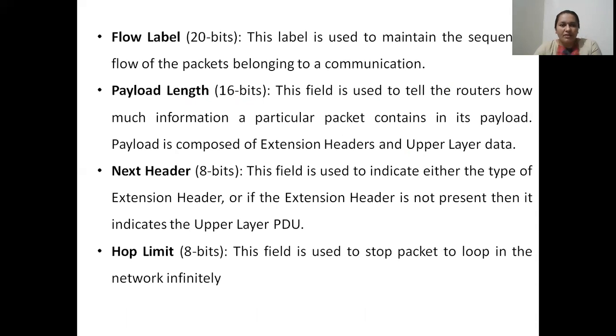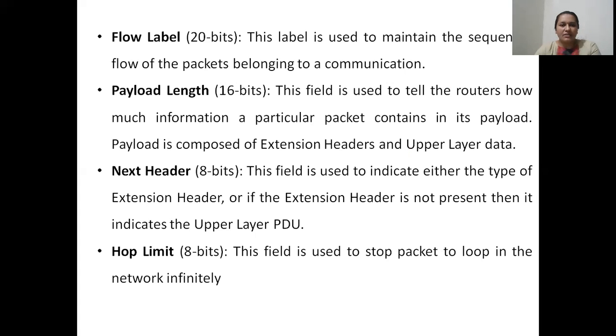The flow label is a 20 bits field. This label is used to maintain the sequential flow of the packets belonging to a communication. A big message will be divided into numerous packets by the network layer.